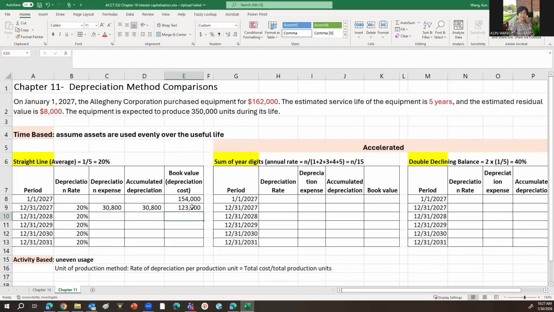But we can figure out the amount by looking over those two accounts. So first year again: annual depreciation, accumulated depreciation, and the remaining book value, the remaining depreciation cost. So that's the new depreciation base for the next year, which is the second.